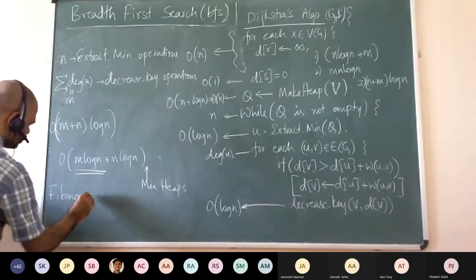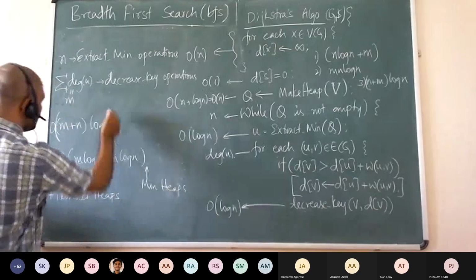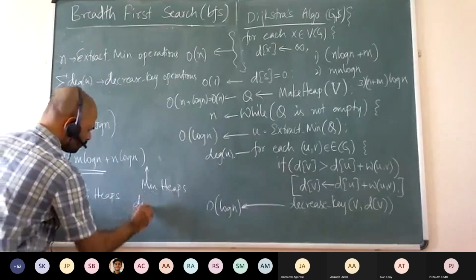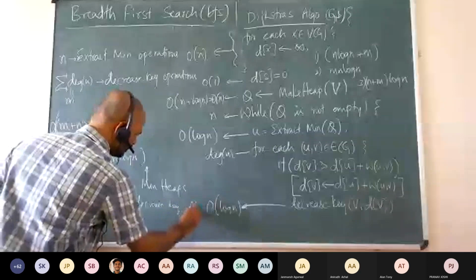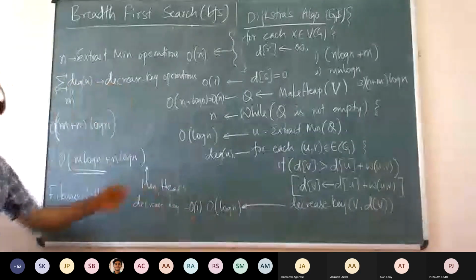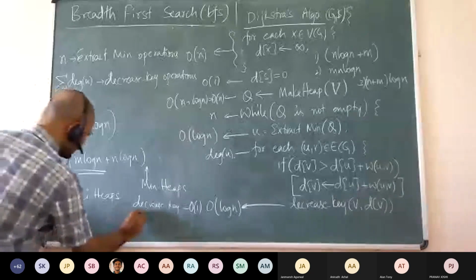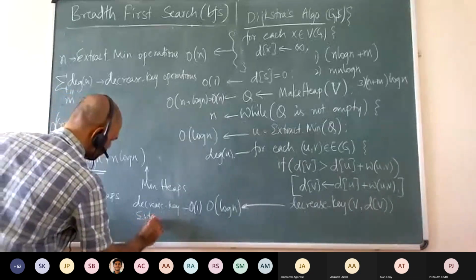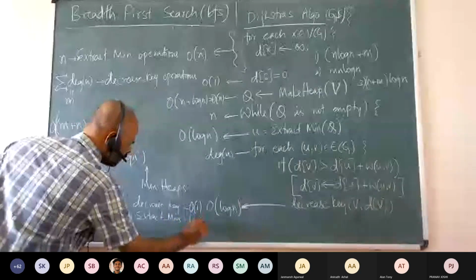Fibonacci heap is something I have asked you to learn, which is the assignment. In Fibonacci heaps, decrease key operation is amortized order of 1, and extract min is still log n.